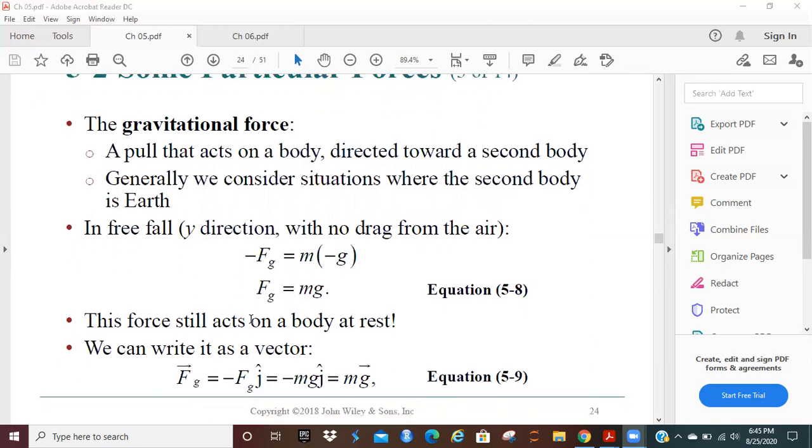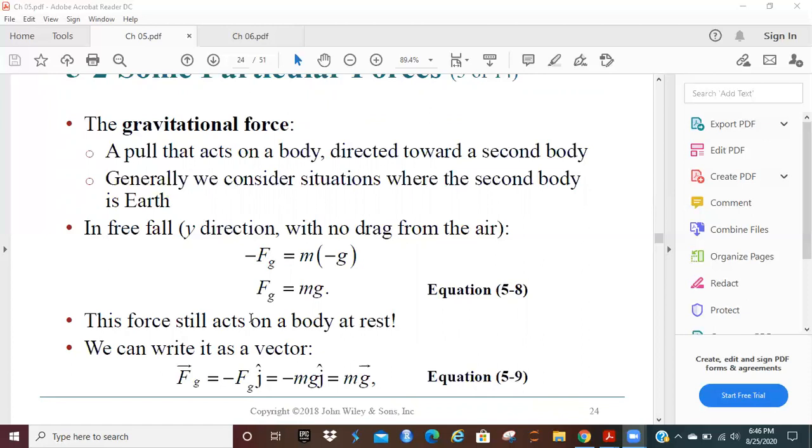Anybody remember what the value of g is? 9.81, right? And what are the units? Newtons? No, this is going to be acceleration. Oh, meters per second squared. Yeah, meters per second squared.